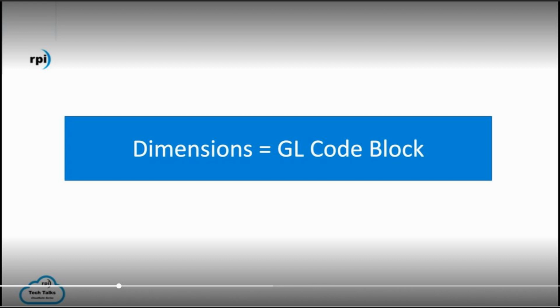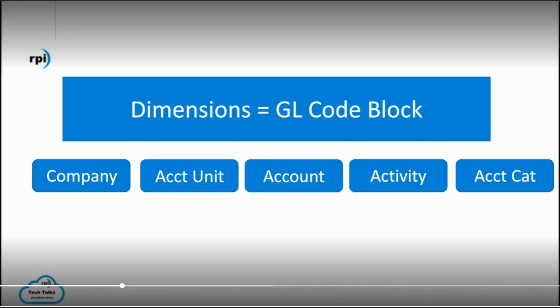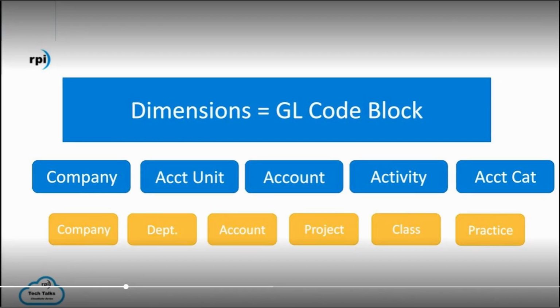Version 10 N4 code block consisted of company, accounting unit, account, activity, and account category. In CloudSuite, here's an example of your code block with 6 dimensions, which we have company, department, account, project, class, and practice. I also have another example here that might show 9 dimensions that are used.